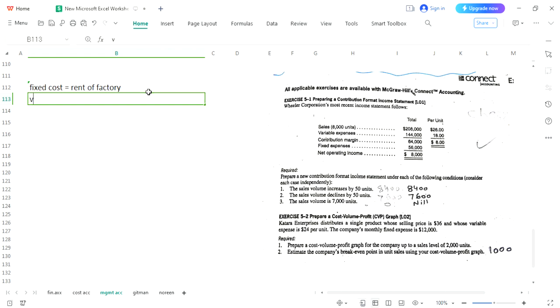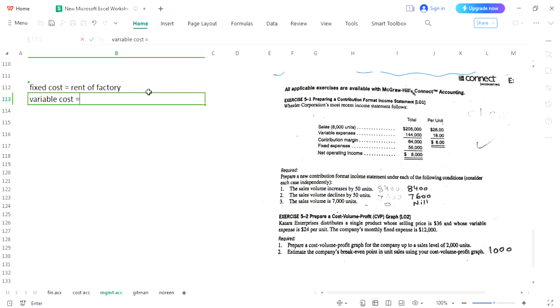Then we have seen variable cost, which is the cost that is purely associated with the level of production, a cost which will increase or decrease according to the level of production. It would not be fixed. That means if two workers are working, the cost would be different as compared to when four workers are working.